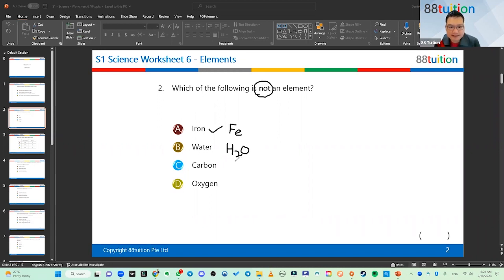Carbon is C. And oxygen is O2 actually, because it's a diatomic particle. So we have Fe, carbon, oxygen, and water. Which one is not an element?